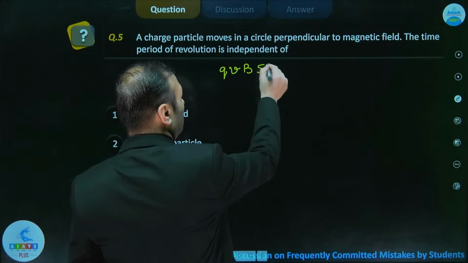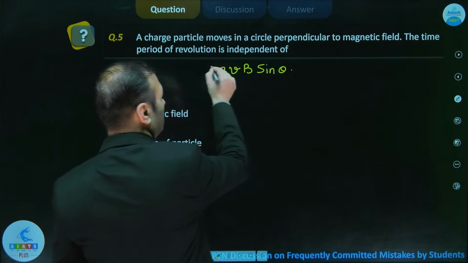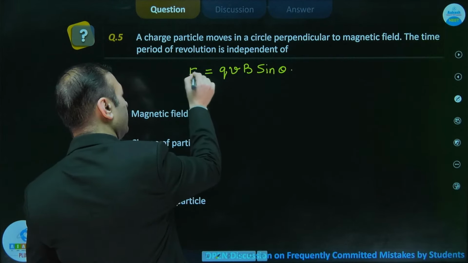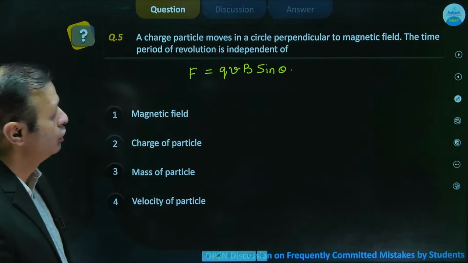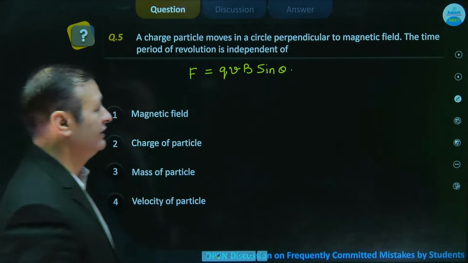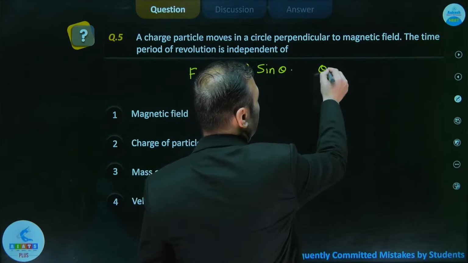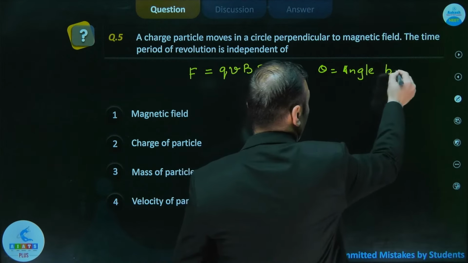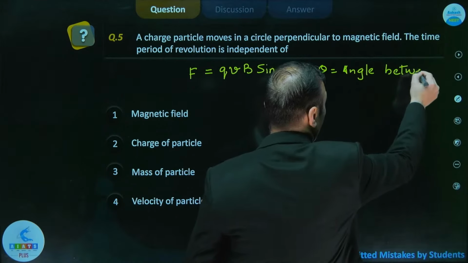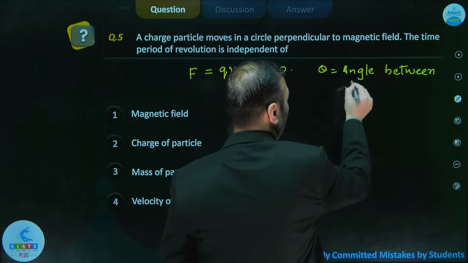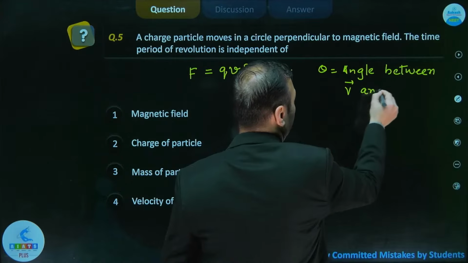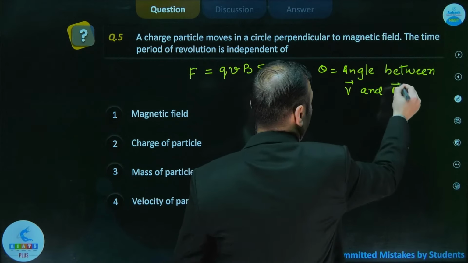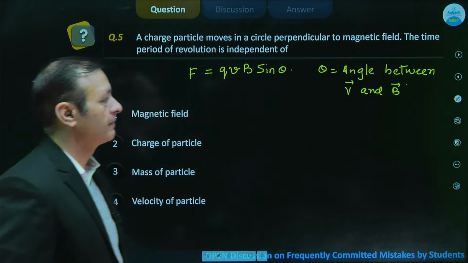and it experiences a force, and this magnetic force is given as QVB sin theta, where theta is your angle between velocity vector and magnetic field vector. Got it?